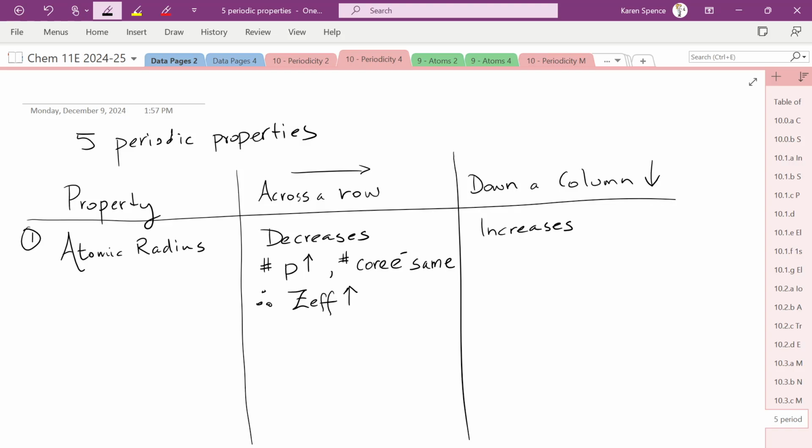What force is affected by Zeff? Coulombic attraction.